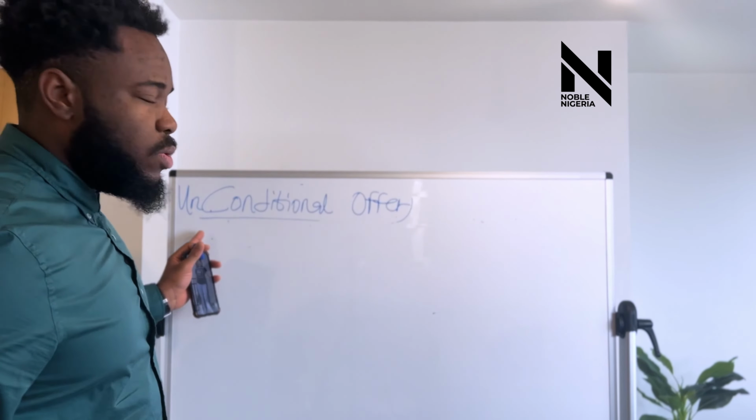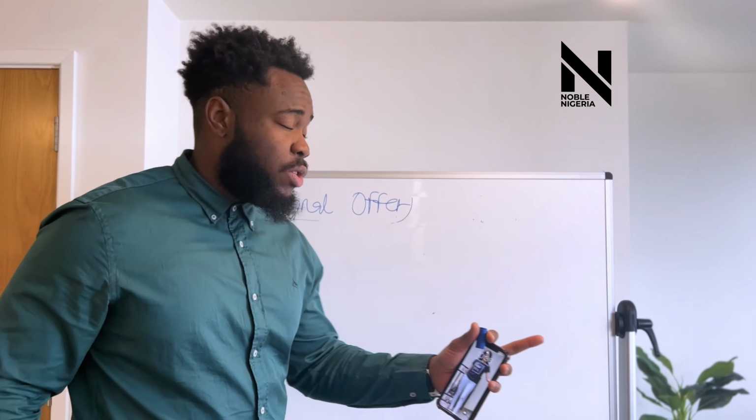So your offer becomes an unconditional offer. At this point, they've accepted you as a student. They've given you an unconditional offer for your admission. At this stage now, the next thing you are expecting is what you call your CAS, your confirmation of acceptance of studies. In simple terms, this is your admission letter.